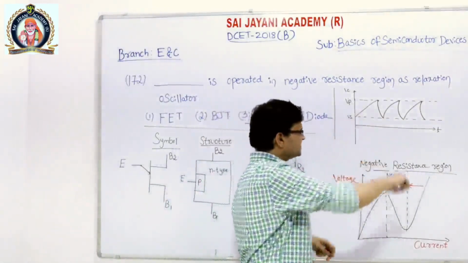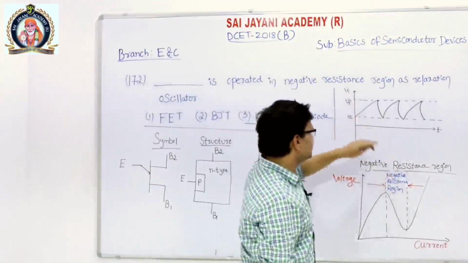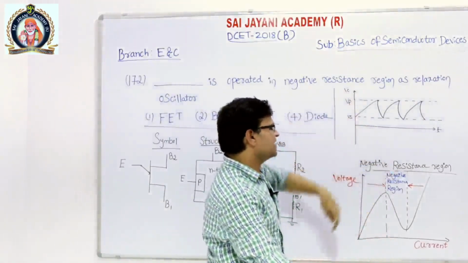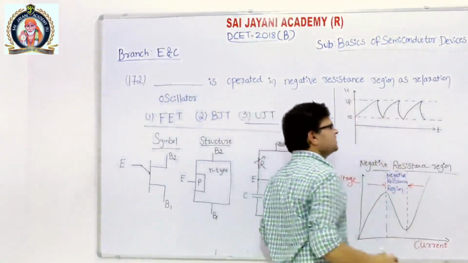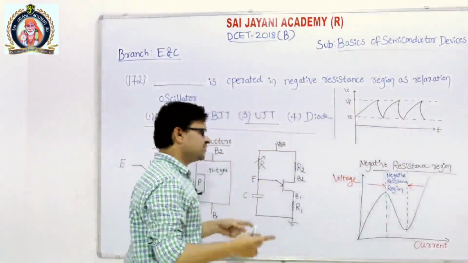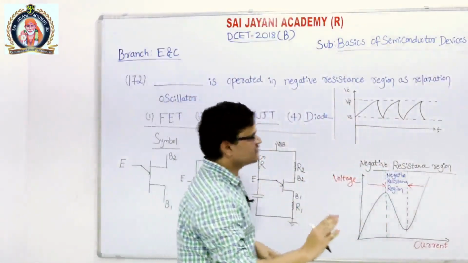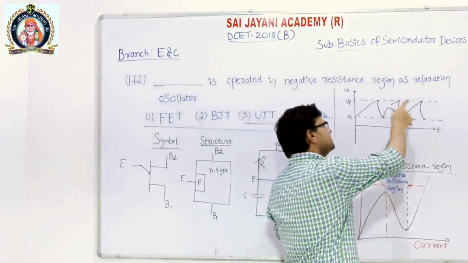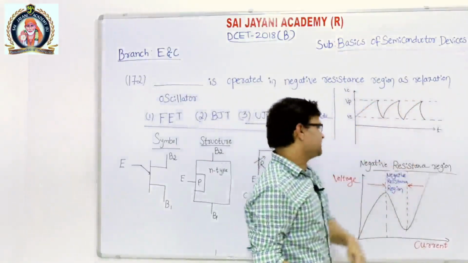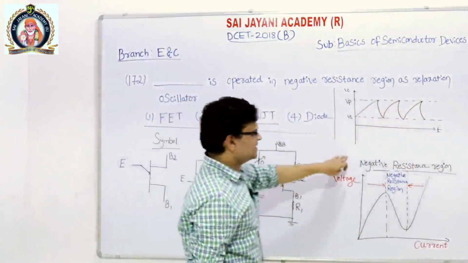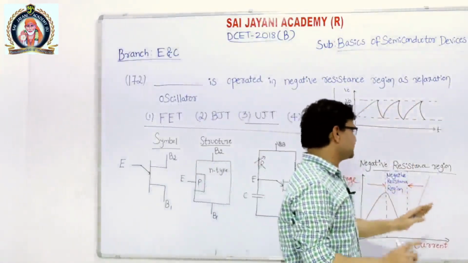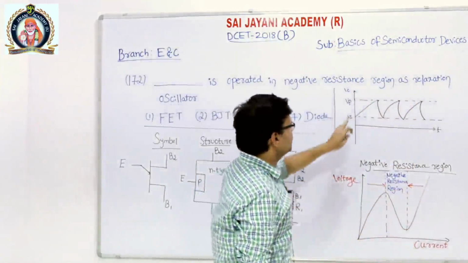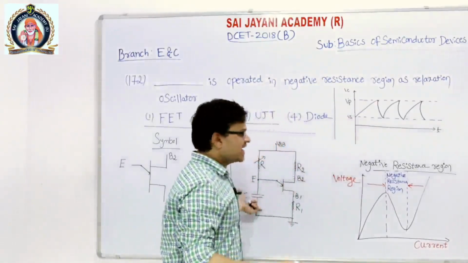When it discharges slowly towards VI, the UJT again becomes turned off, and it goes on like that. And in the negative resistance region, when the capacitor voltage and the peak value of the VBB are the same, then the PN junction is in the forward biased condition.